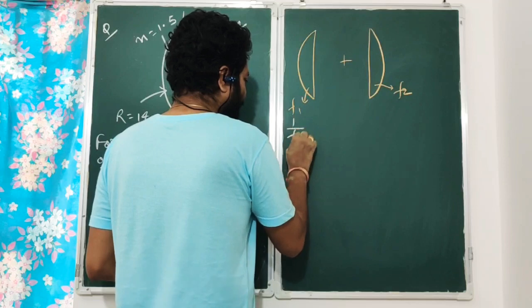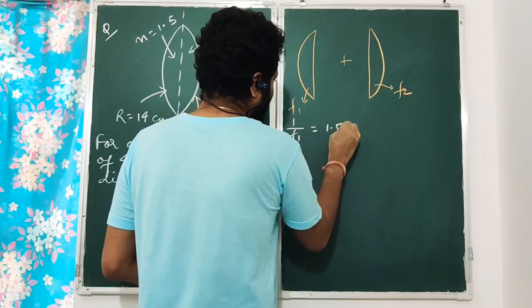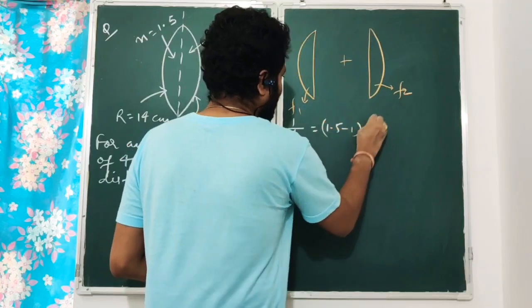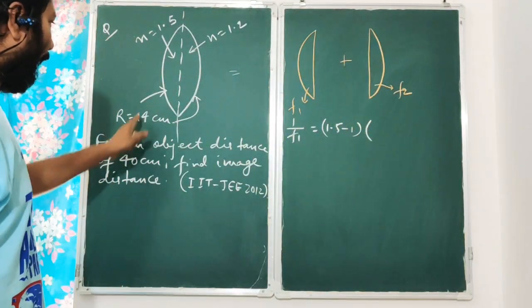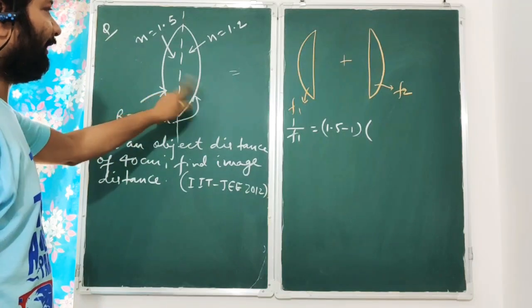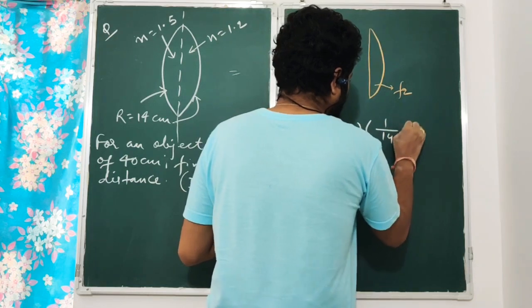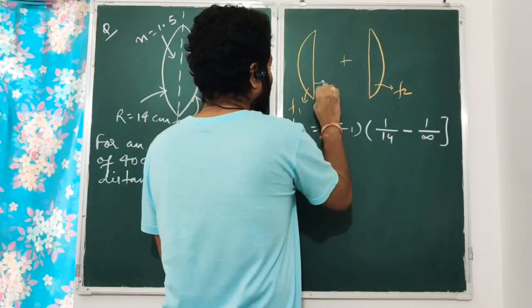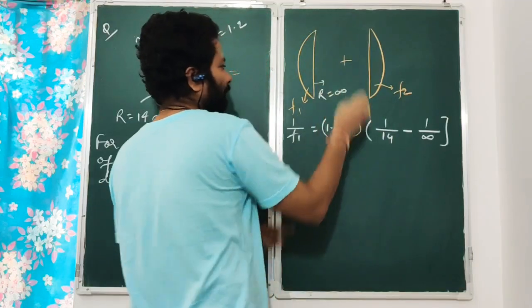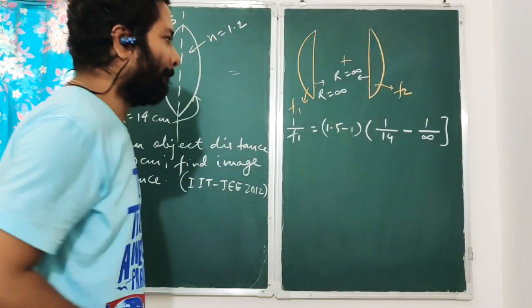So 1 by f1 will be equal to mu l, which is 1.5, minus 1, into 1 by r1. R for this will be positive, because it is on the right hand side. So it will be 14, minus 1 by r2, which is infinity. R for this is infinity. This is plane. Here also this part r is infinity.